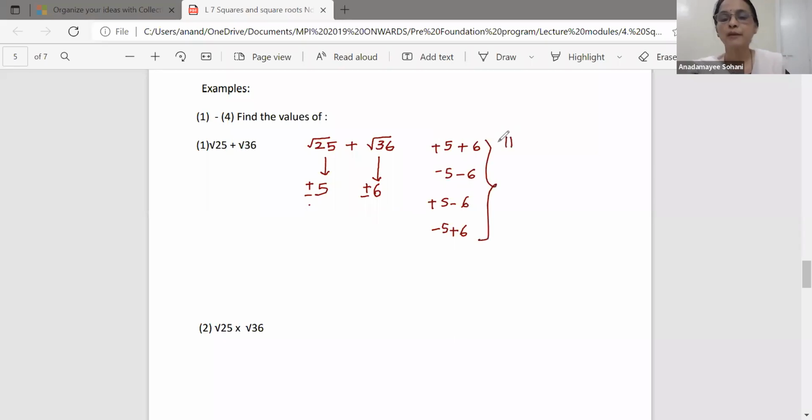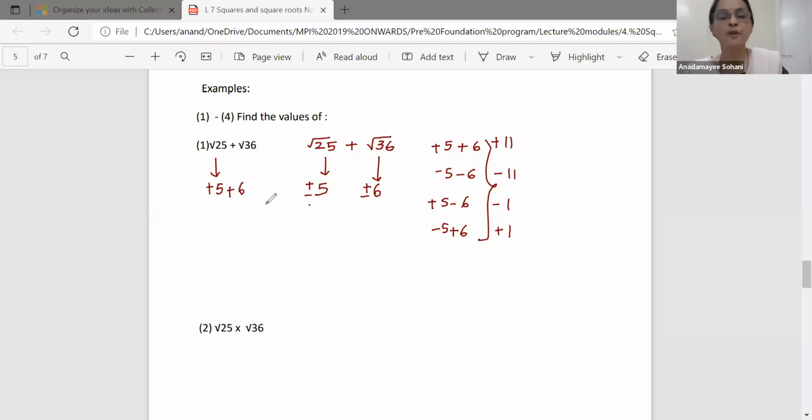It can be plus 11, it can be minus 11, it can be minus 1 or it can be plus 1. But when it is not mentioned, we always take the positive values of the square root. If they say find all the values, then we will have 4 answers. All these 4 answers can be correct because root 25 can be either of these and root 36 can be either of these.